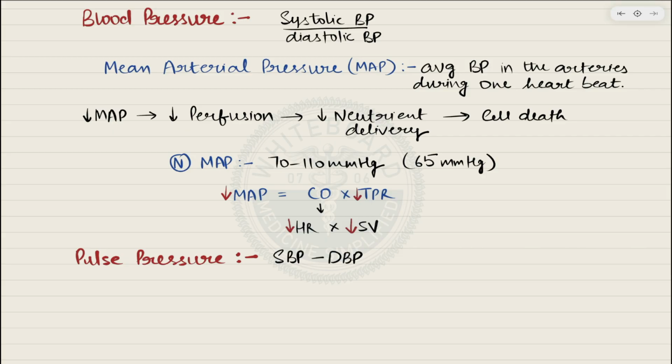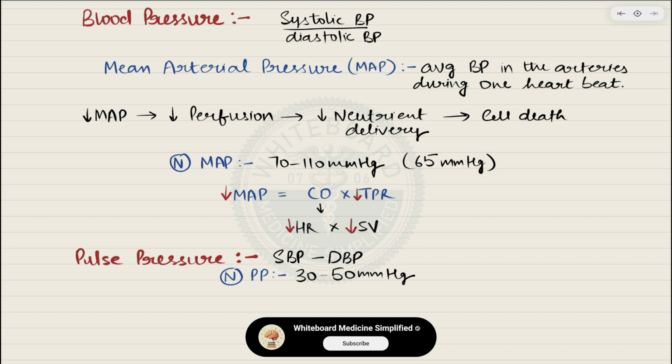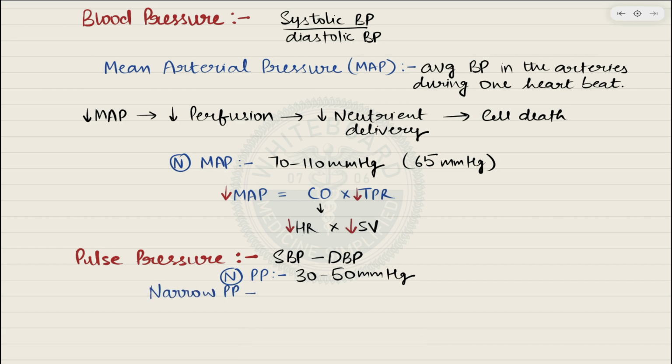Under normal circumstances, the pulse pressure is usually between 30 and 50 millimeters of mercury. Changes in pulse pressure can often provide early clues about problems affecting cardiac output and tissue perfusion. For example, a narrowed pulse pressure generally suggests that less blood is being pumped out of the heart with each heartbeat.